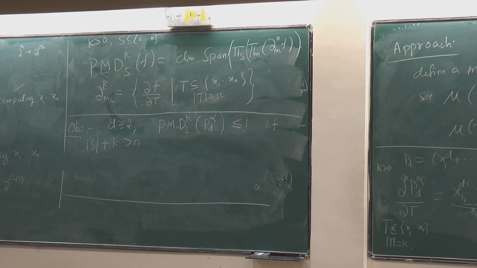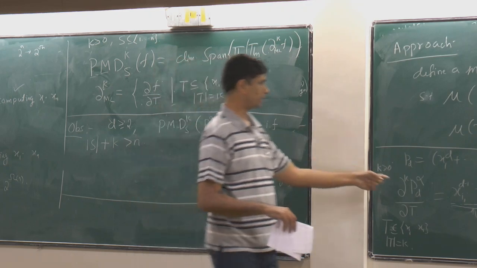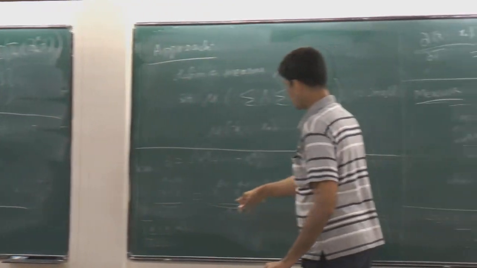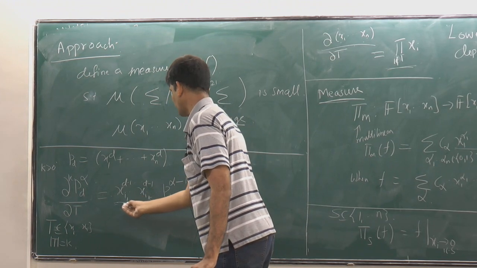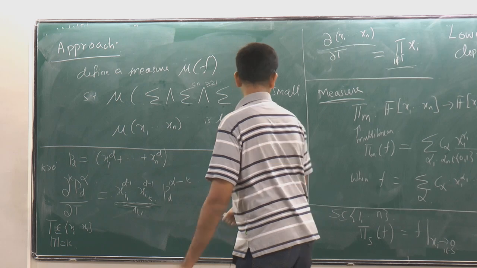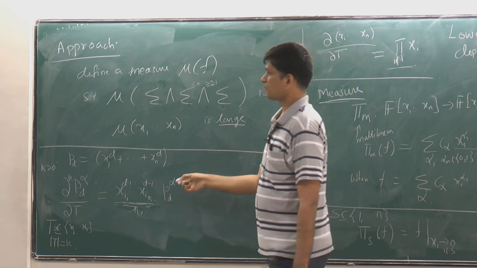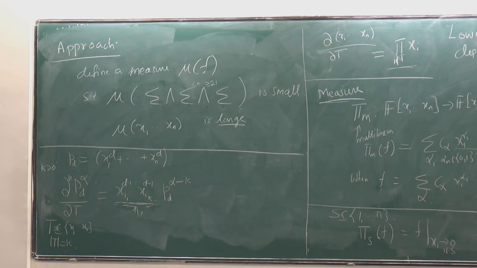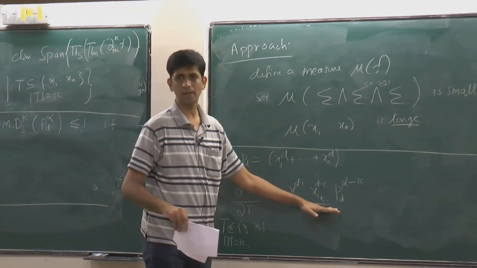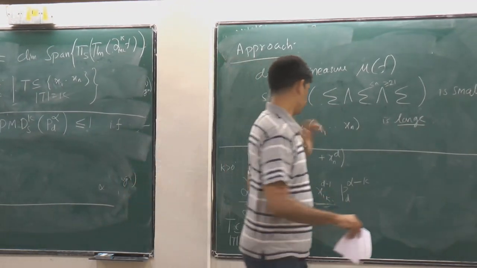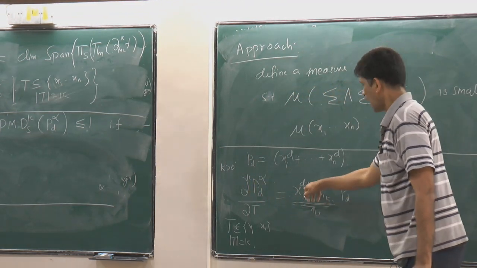That follows directly from this observation. If the cardinality of S plus k is greater than n, then any kth order derivative of the power of the power symmetric polynomial will have support, or every monomial there will have support, at least k. Now I am substituting variables in S to 0, but since the cardinality of S plus k is at least n, every such monomial with support at least k will be substituted to 0, or in other words every derivative will be killed unless d is 1.